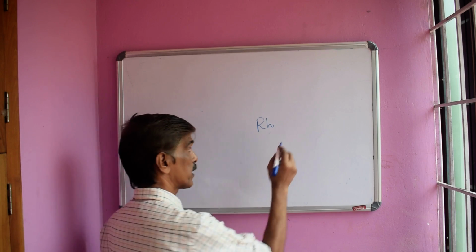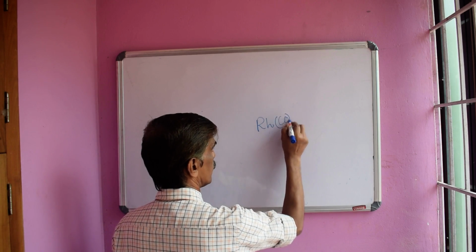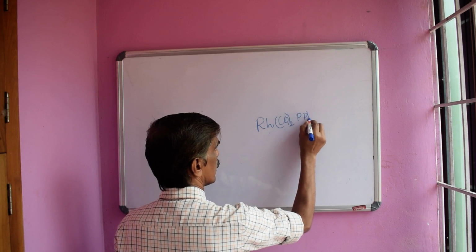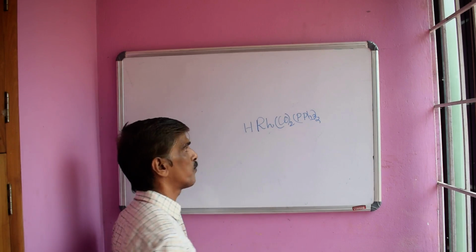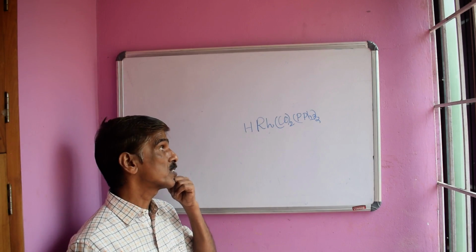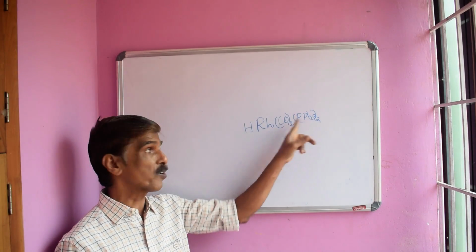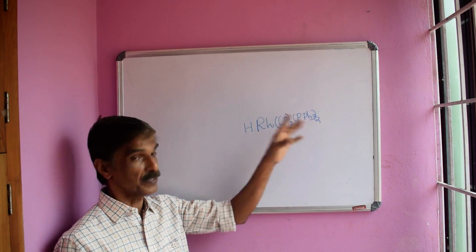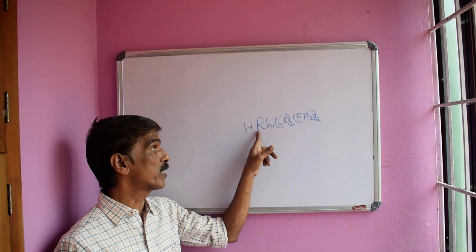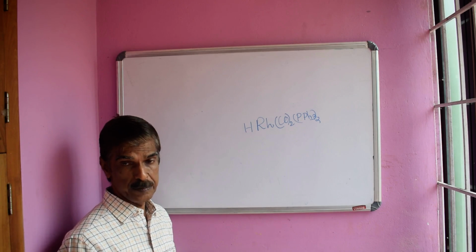Again the man of the Wilkinson's catalyst. He prepared a reagent, RhH(CO)2(PPh3)2, a 5 coordinate complex. Again HCo(CO)4 has 4 COs, and here there are 2 COs and 2 triphenylphosphines, very bulky ligands, and the cobalt is substituted with rhodium.